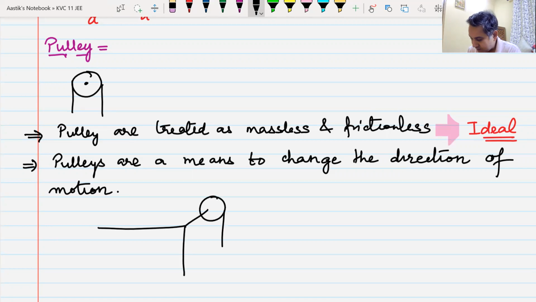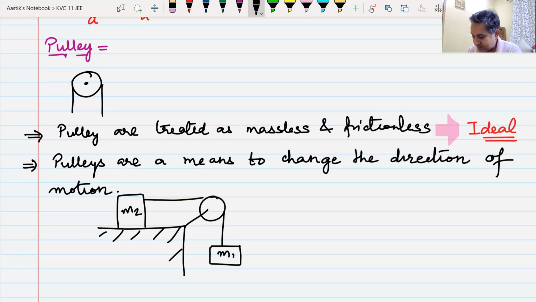Now you see what has happened. Now I have a block M1 and I have a block M2. They are still attached to the same string, one string, but now this string goes over a pulley. If this block moves down by X, where will this block move?